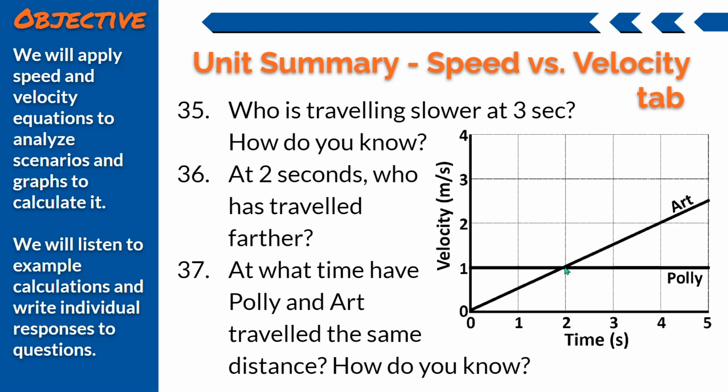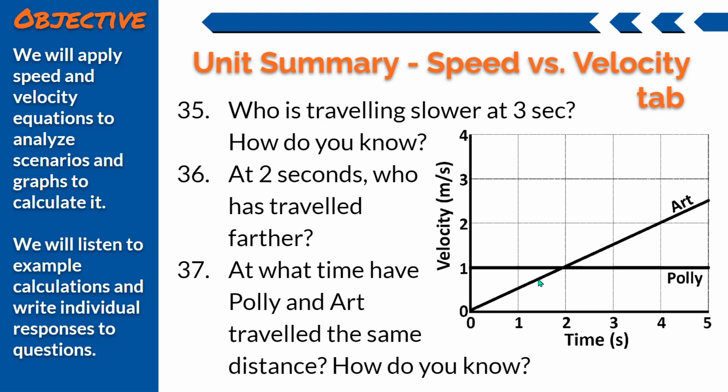And again, the way you can do this is find the area. Okay, the area tells you how far they traveled. Polly would have traveled in 2 seconds at 1 meter per second for 2 seconds. She's gone 2 meters. Whereas Art, his average speed over those 2 seconds is half a meter per second. Okay, because he went from 0 to 1. So his average would be 0.5.